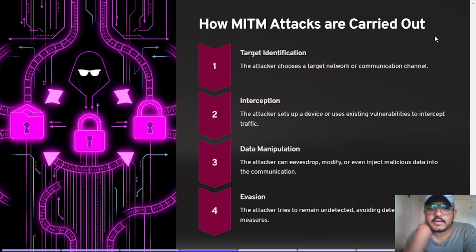In interruption, the attacker sets up a device and uses an existing vulnerability to intercept the traffic. And in data manipulation, the attacker drops, modifies or even injects malicious data into the communication.